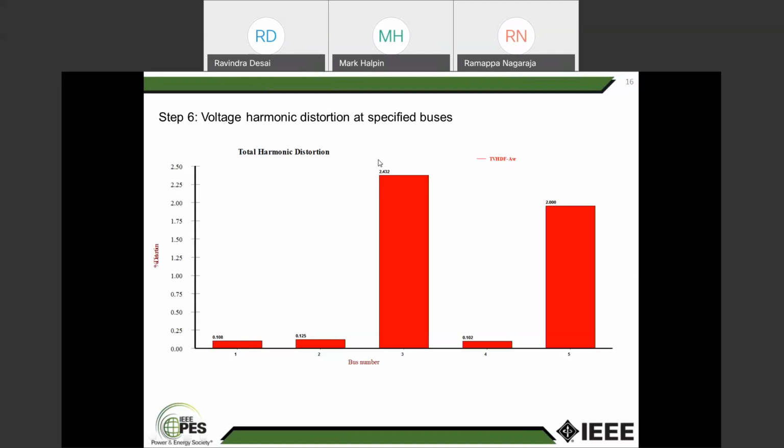As I told you, from the source, when you move towards the load where you are injecting the harmonic current, voltage distortion is maximum. But you see this poor customer, he's a very clean customer, but within his plant at 11 kV, voltage distortion is more. No fault of his, voltage distortion is more.